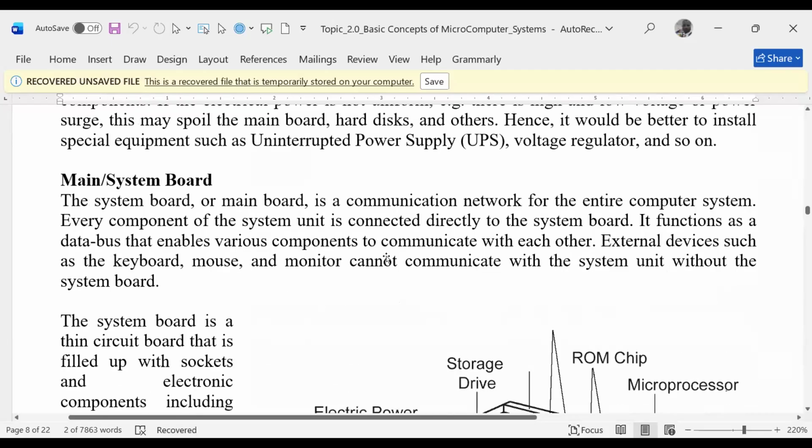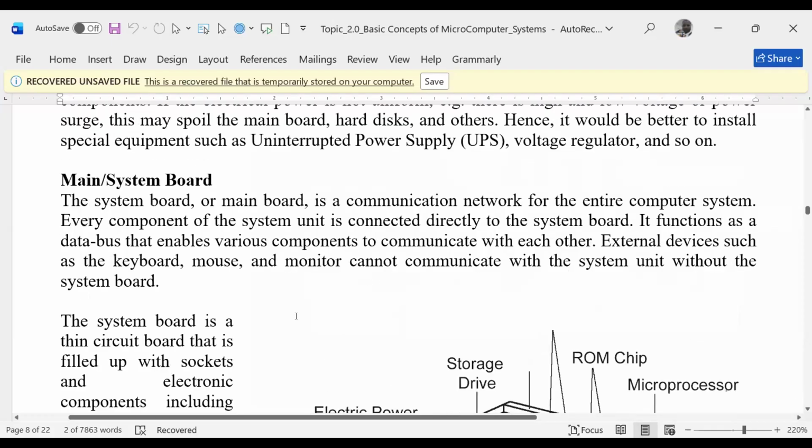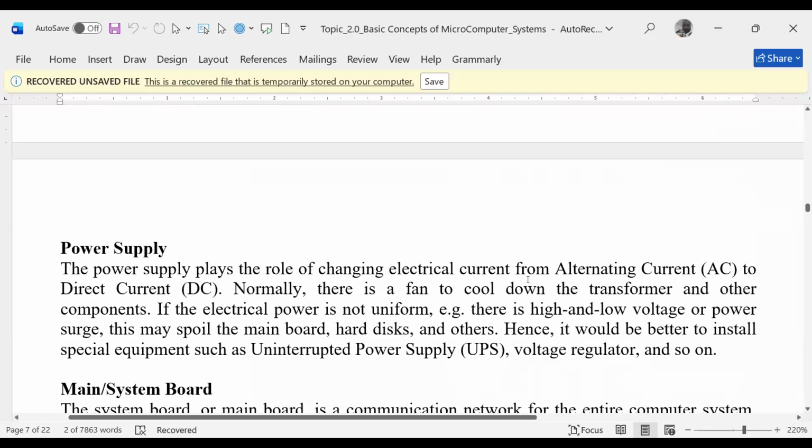It's this power supply that makes the computer system free from electrical shock. You are aware that it uses electricity, and when you touch electricity you can get shocked. But the power supply converts the alternating current, AC, to direct current, so that you can use it without shock or any problem.